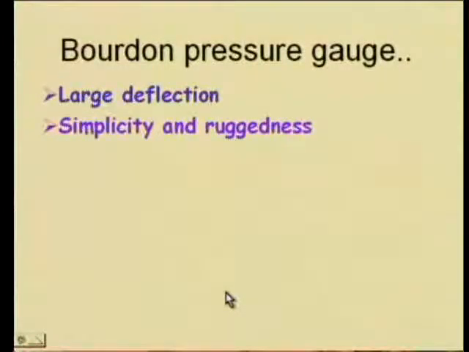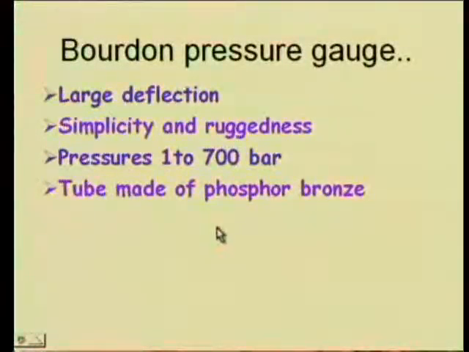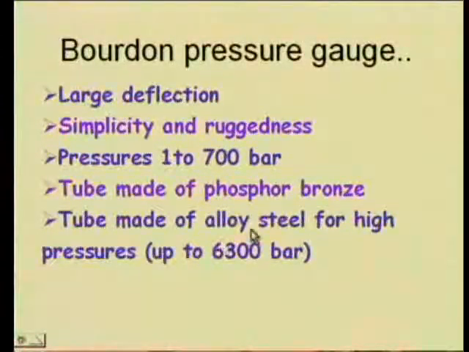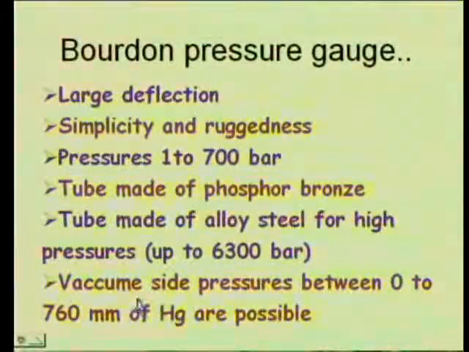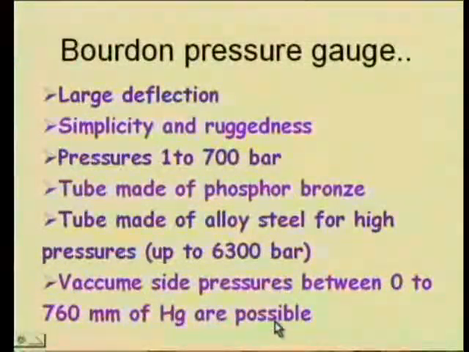Now the deflection is large, and it has simplicity and ruggedness. Pressures from 1 bar to about 700 bar can be measured. The tube is made of phosphor bronze, which is a specially made alloy. The tube is made of alloy steel also for high pressures, which can read up to a value of about 6300 bar, and vacuum side pressures between 0 to 760 mm of mercury are also possible to be read with this kind of instrument.